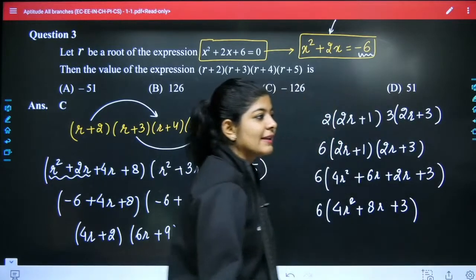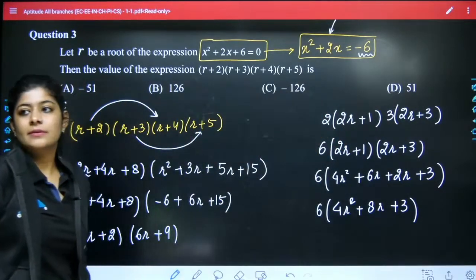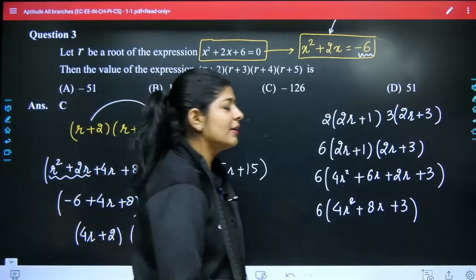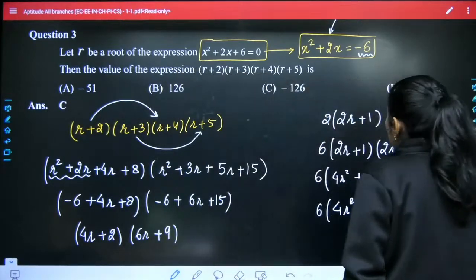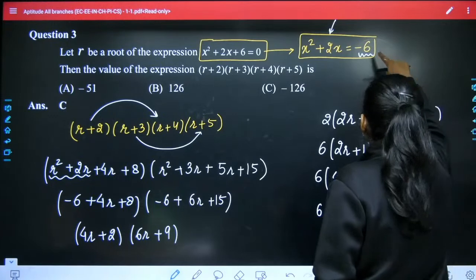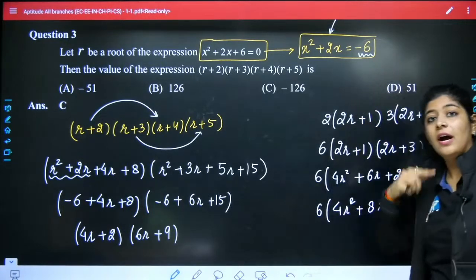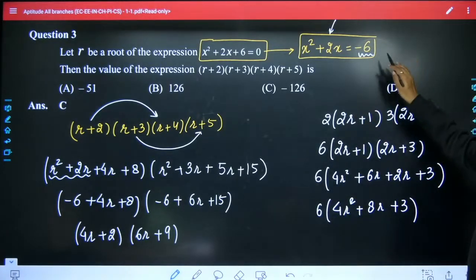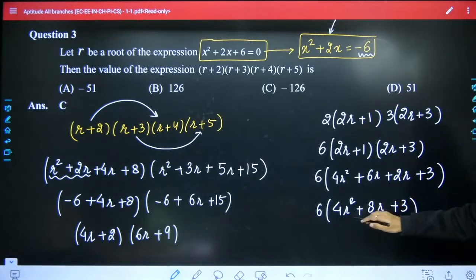We can write it like this. Now if we multiply this equation by 4, we can get the value of 4R square plus 8R, right?